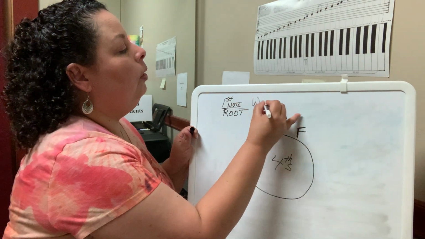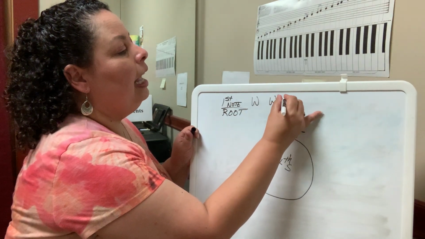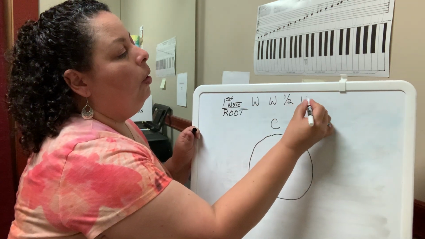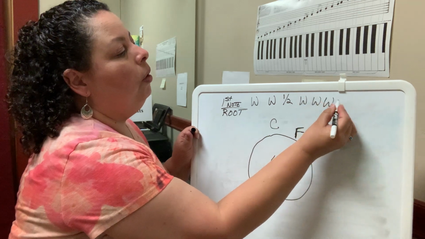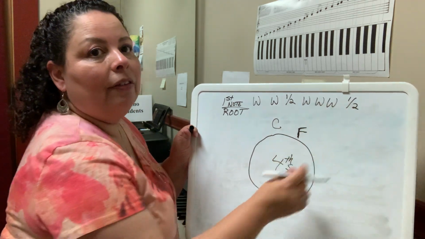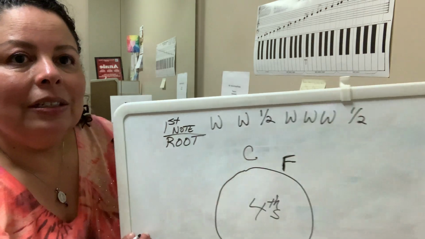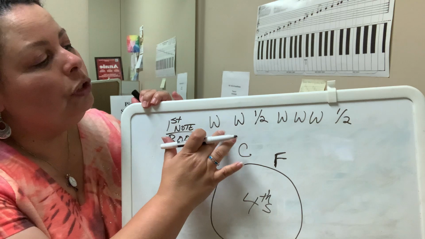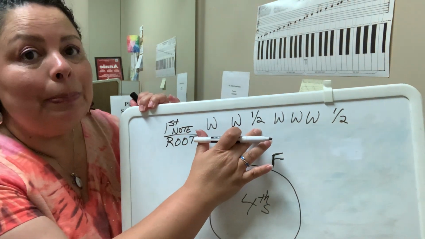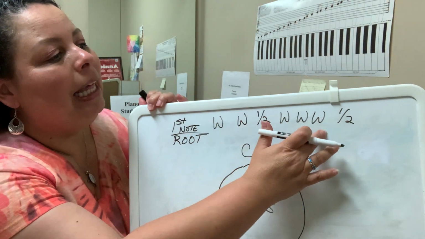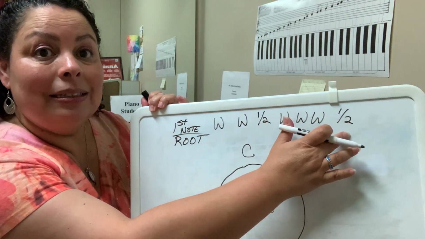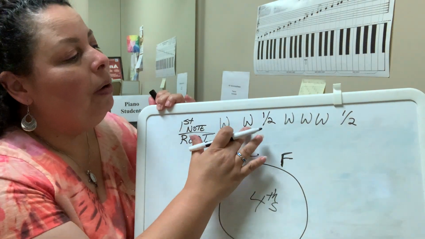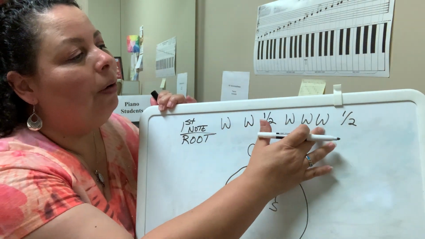You go whole, whole, half, that's 2 wholes, and then whole, whole, whole, half. If you imagine the black keys on the piano, how there's 2 black keys, and then there's a space, and then there's 3 black keys, and then there's a space, that's kind of how this pattern comes into play. Whole, whole, half, whole, whole, whole, half.